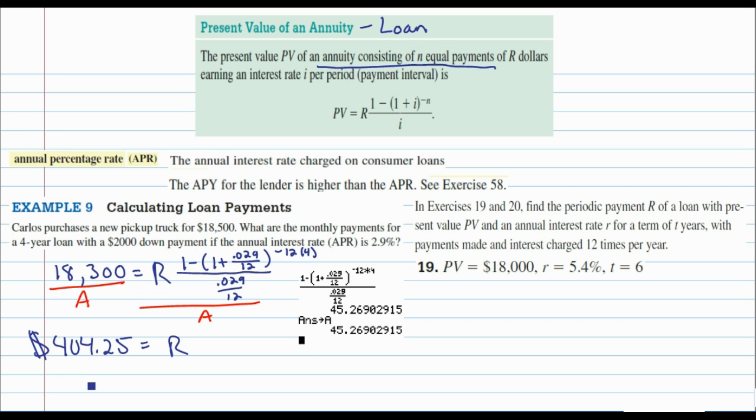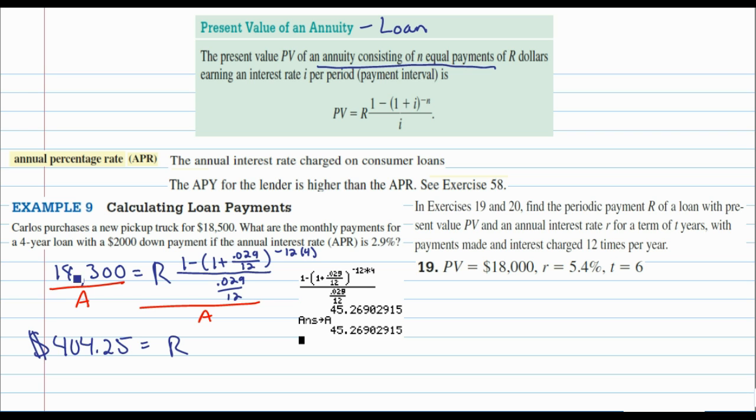So I got that Carlos will be paying $404.25 monthly. Not bad. It's a good chunk of money, but 2.9% for a car loan is definitely a good rate. 0% financing is definitely better, but sometimes you just need a car, so you can't wait for those good interest rates.